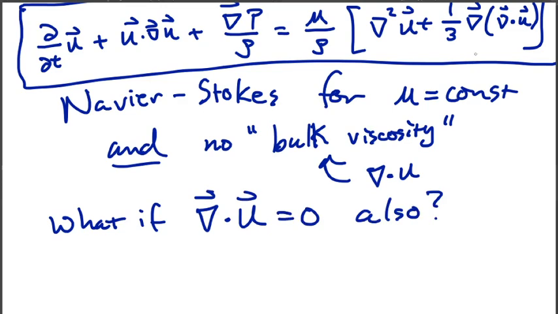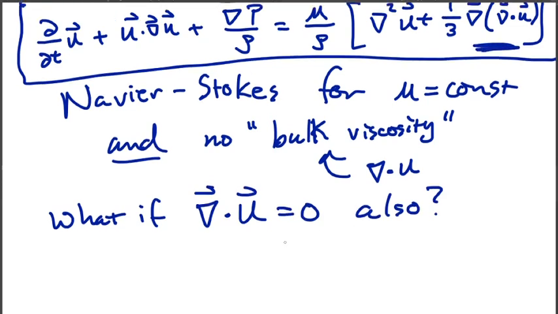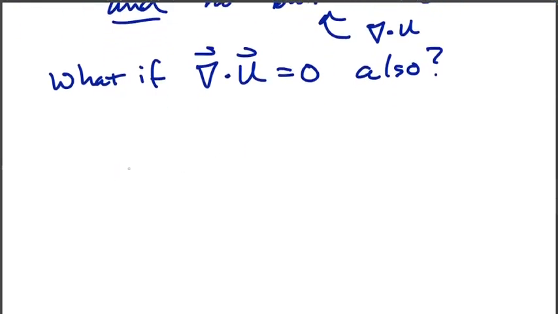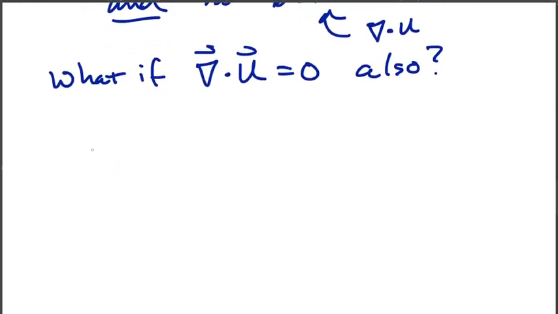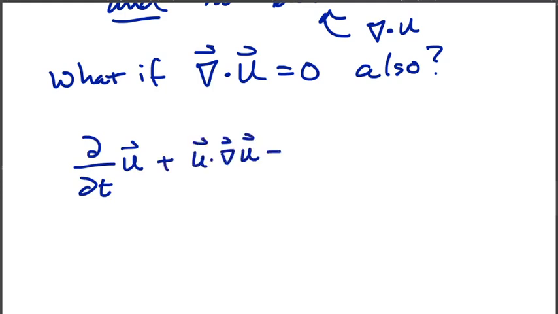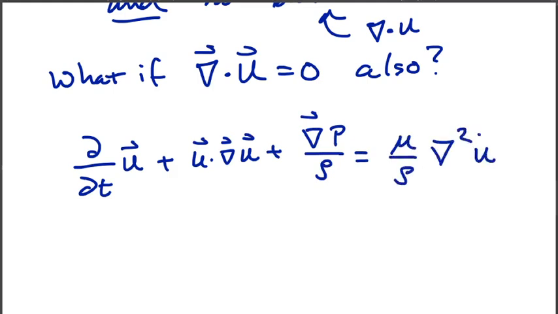Well, in that case, our last term here goes to 0, and so we're left with the following. For an incompressible Navier-Stokes equation with constant dynamic viscosity mu, we have d by dt of u plus u dot grad on u plus the gradient of the pressure divided by the density. This is all equal to mu over rho, now just the Laplacian on u.